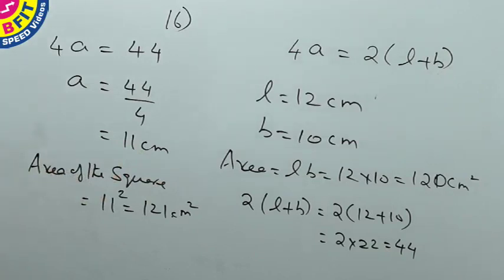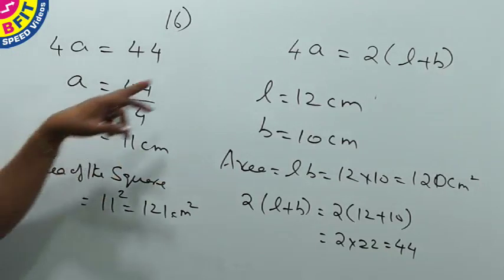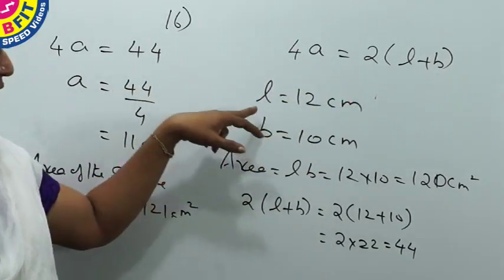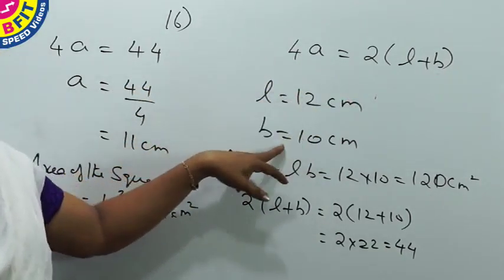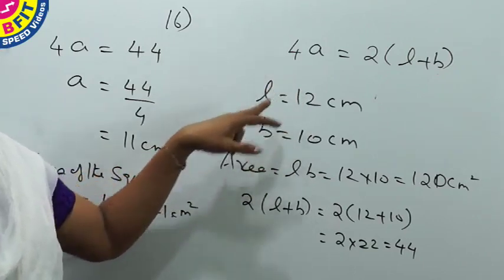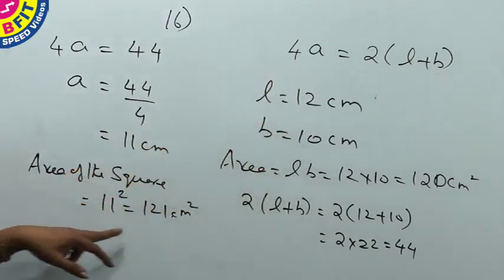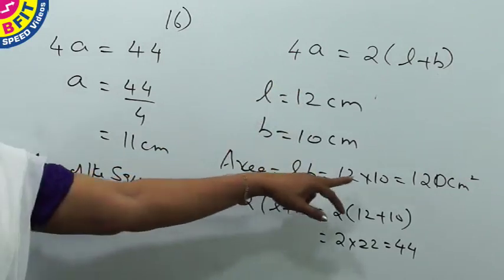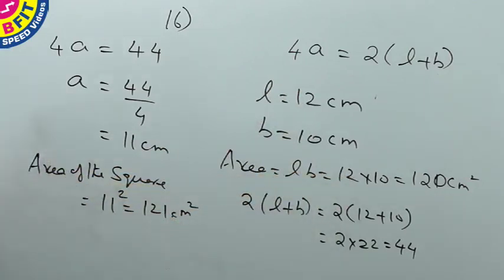So for this, when perimeters are same and when the length and breadth are two consecutive even numbers or two consecutive odd numbers, always the area of the square will be 1 more than the area of the rectangle.